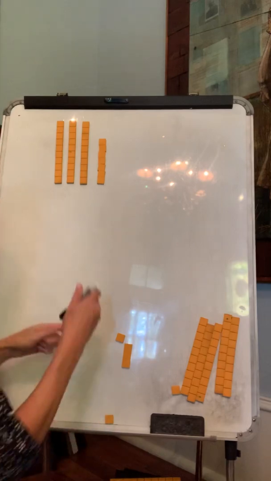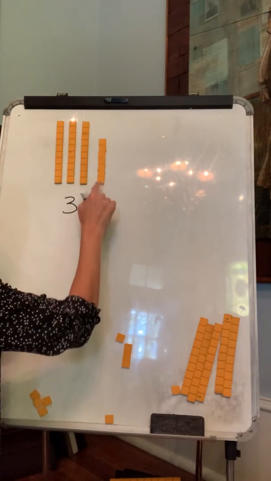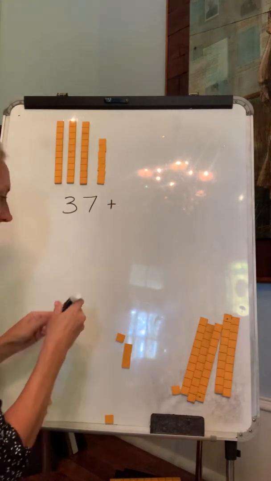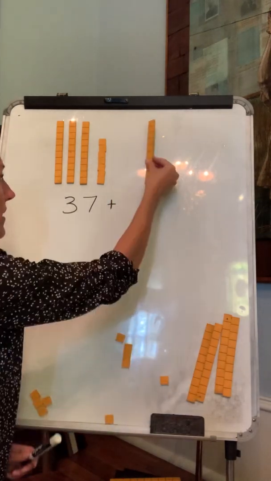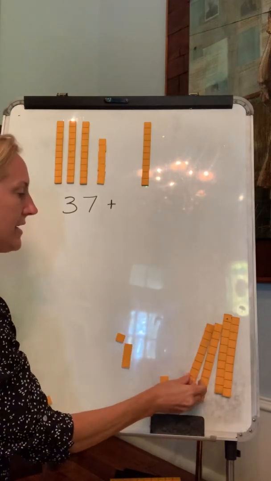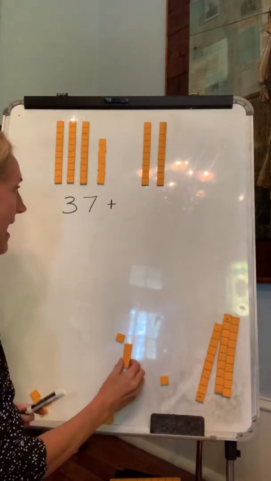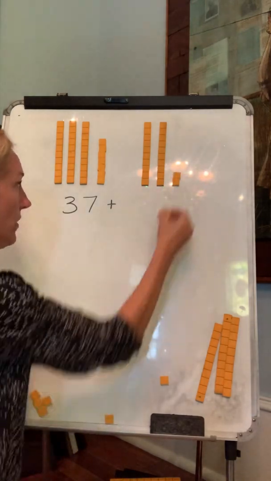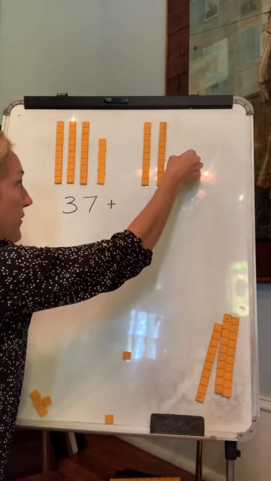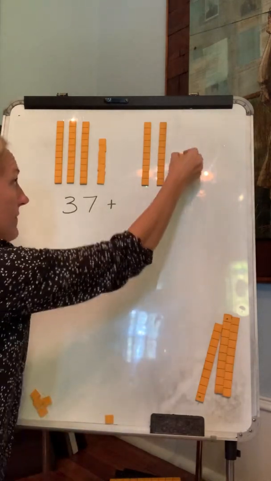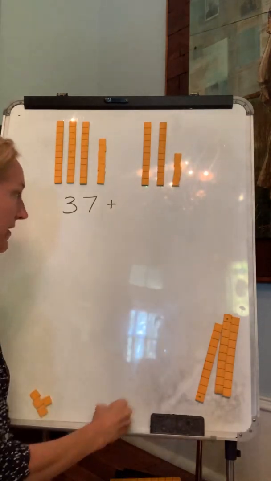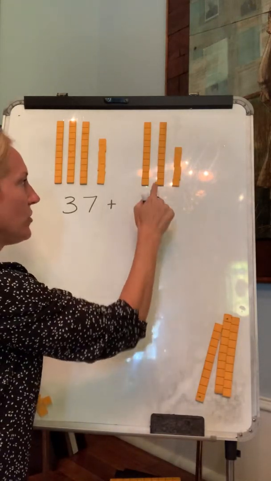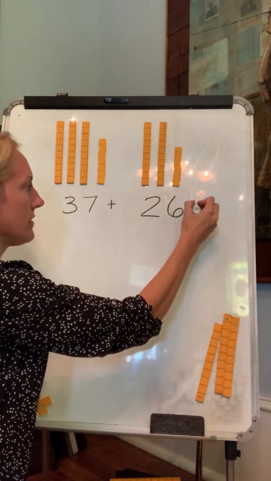So we just have 3 groups of 10, and this one's getting close, but it's only 7 ones. 37 plus 20, so 2 10s, and then we're going to put 1, 2, 3, 4, 5, 6. So this is going to be 20, 2 10s, and 6 1s.